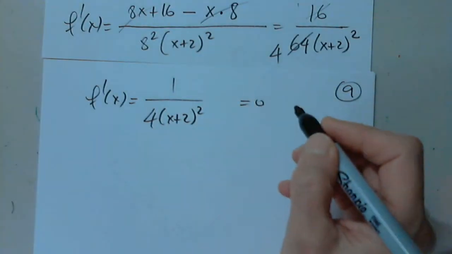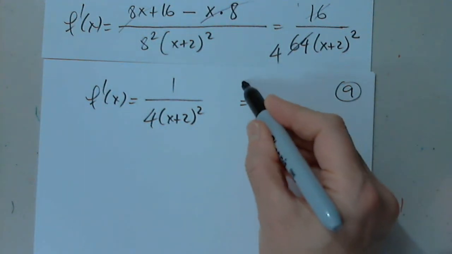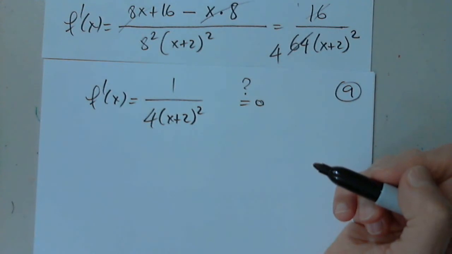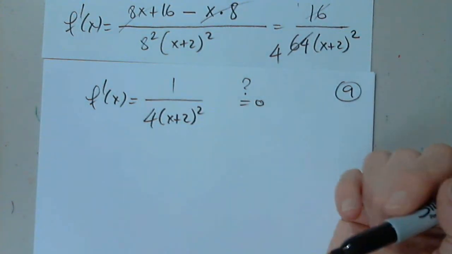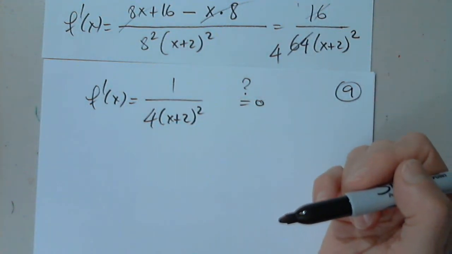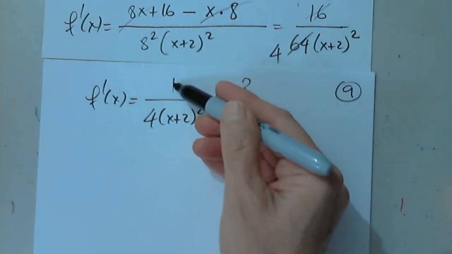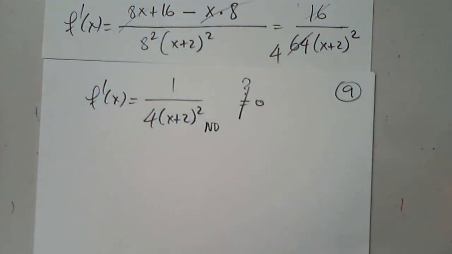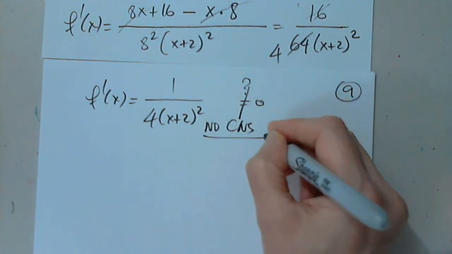Can this be 0? When is a fraction 0? When the numerator is 0. So no. No critical numbers. No critical numbers immediately.